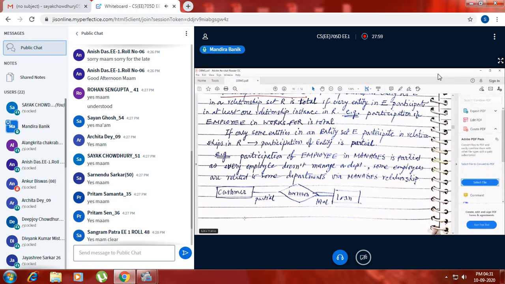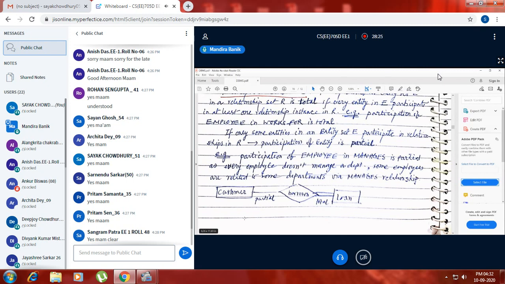But when a number of loans are there, obviously a different number of loan accounts are there. So obviously when the loan accounts are created, that means against each loan account, obviously some customer is there. That means all of the loan accounts are participating in the borrows relationship.